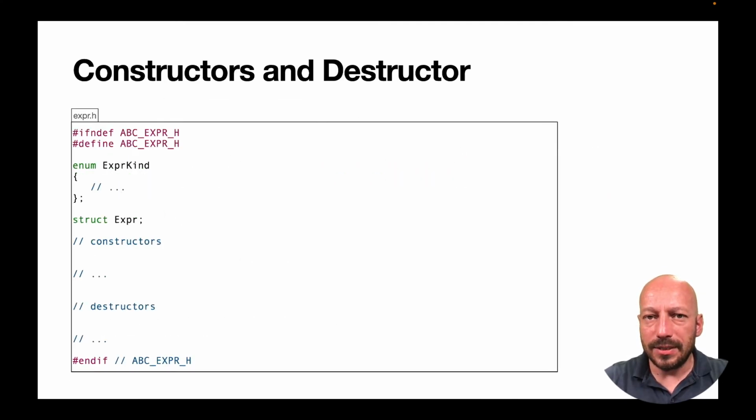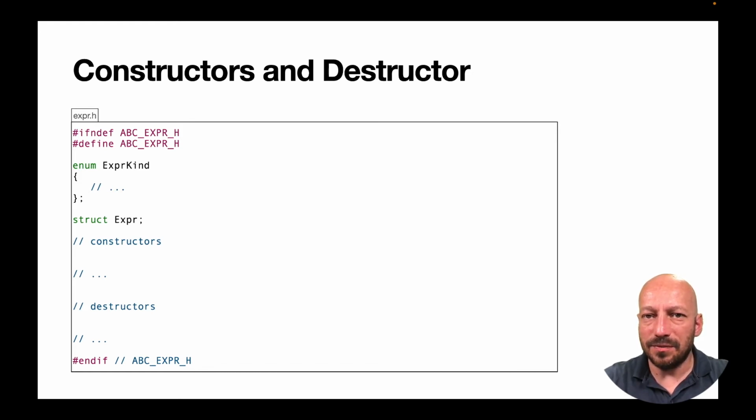In the header file for this expression type, we will not provide the complete declaration of this struct. We only provide this incomplete declaration, where we do not show the members of this data structure. So we hide the details. And this makes sure that this data structure only can be used with the functions that we declare in this header file.